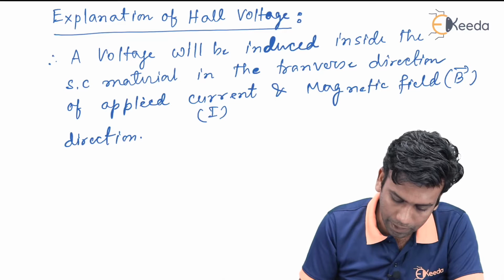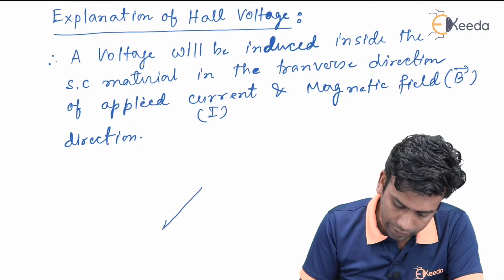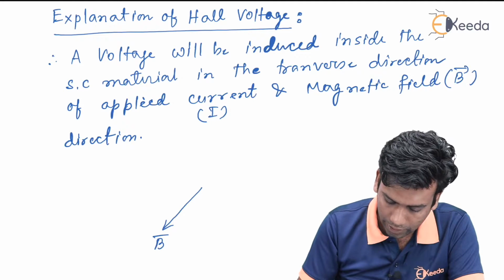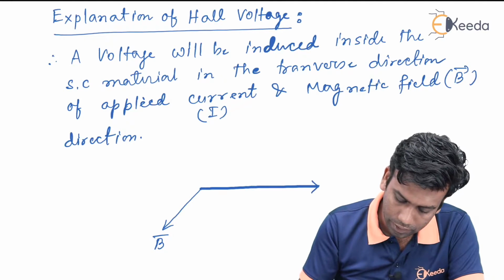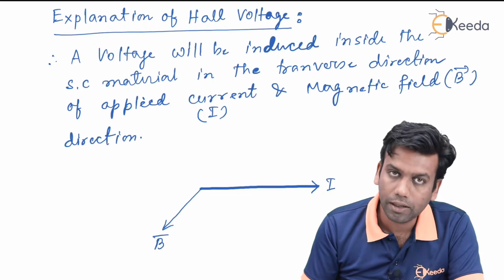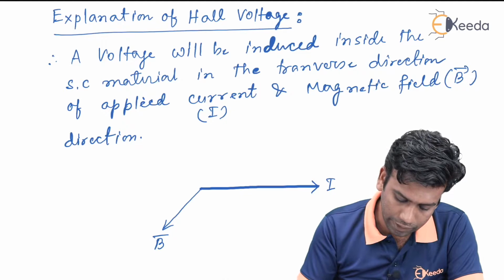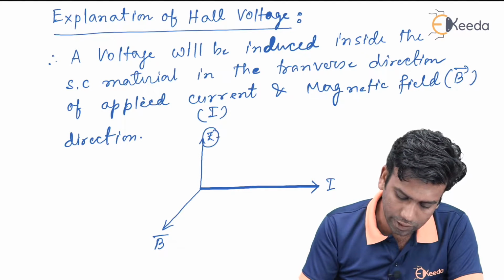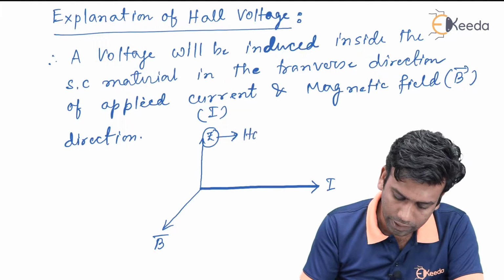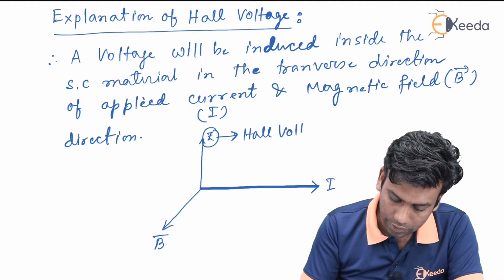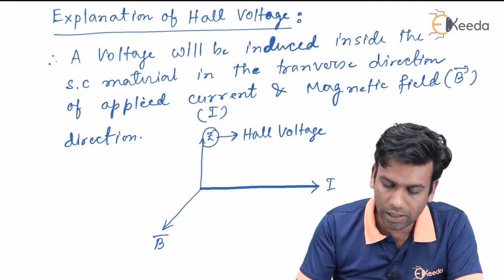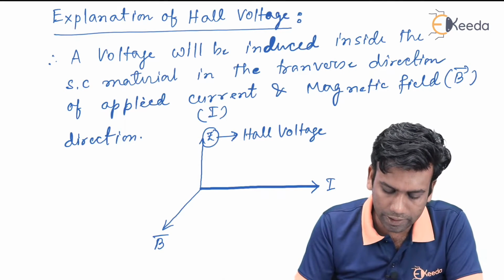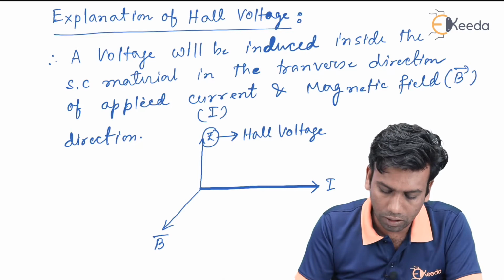So, if I have applied the magnetic field in the y direction, and the current is flowing in the x direction, then a Hall voltage will be developed in the z direction. So, the z direction is the Hall voltage induction direction, and this effect is called the Hall effect.